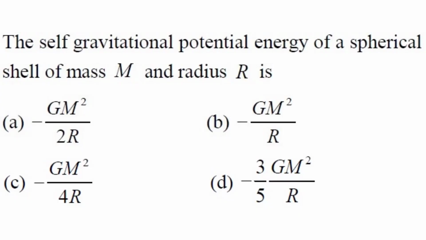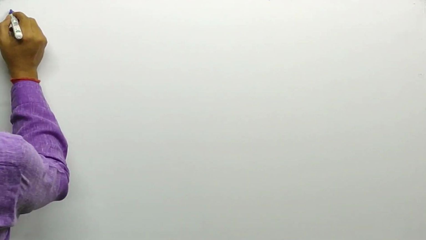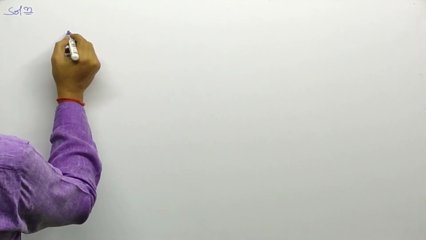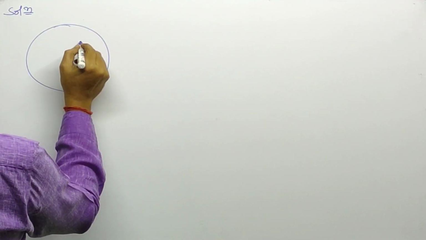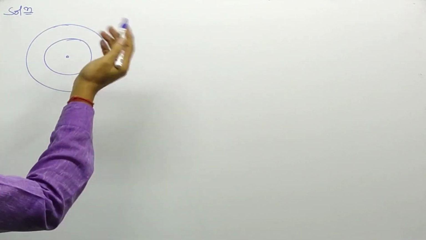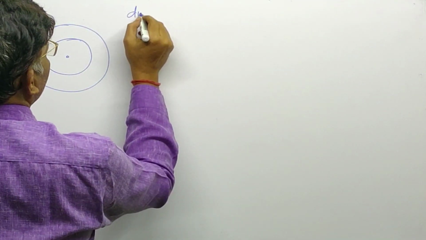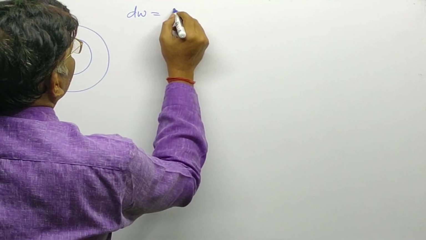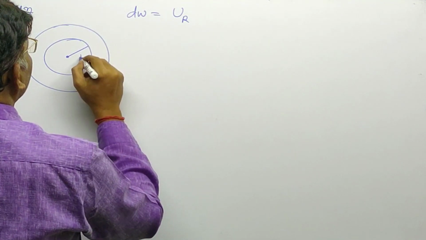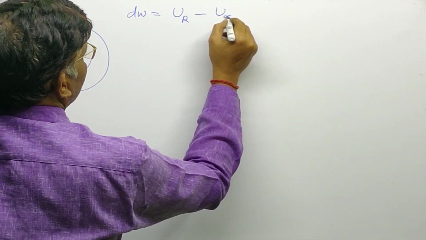The self-gravitational potential energy of a spherical shell of mass capital M and radius capital R is? Solution. To form a shell of radius R, we should bring this material from infinity. So, work done dW is equal to potential energy at a distance R minus potential energy at infinity.